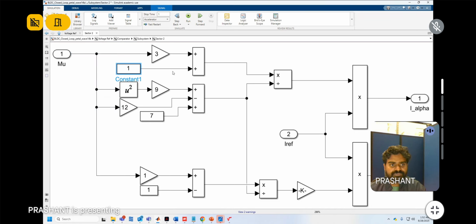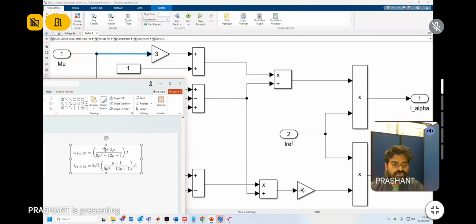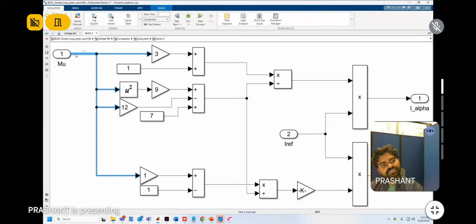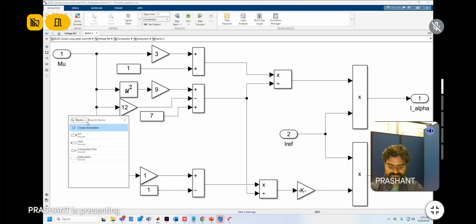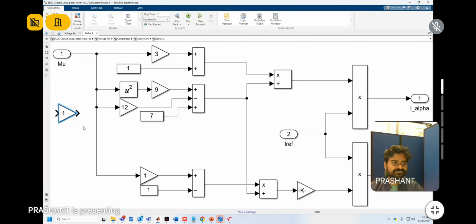So first, what we need in the numerator part is 1 plus 3 mu. So we have mu. If we multiply mu by 3, this is a gain. In search you can simply write gain, and you will get the gain block like this.